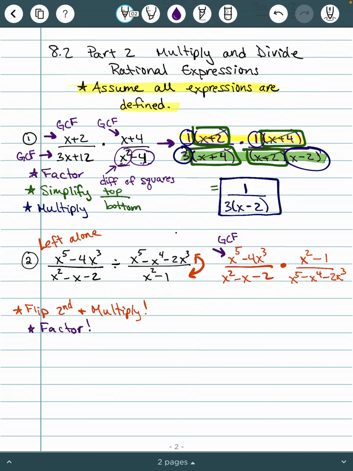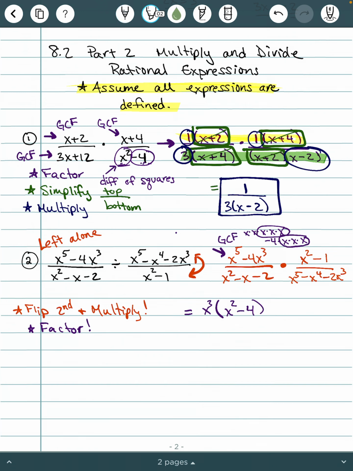If I have x to the 5th, remember that's really x times x times x times x times x, right? I have 5 of those. And negative 4x cubed is really negative 4 times x times x times x. So I have 3 x's in common. I'm going to write my new factors down here. I'm going to have x cubed out front. What gets left behind is x squared minus 4.